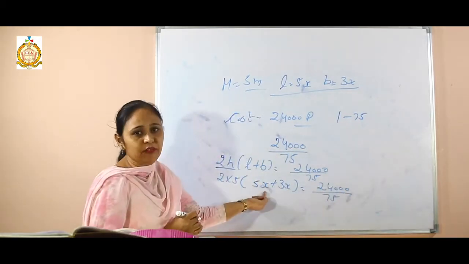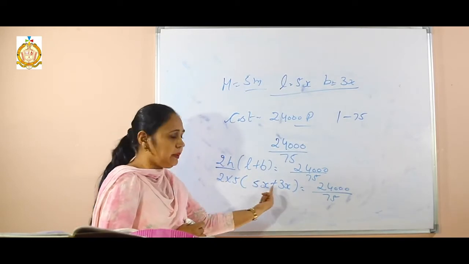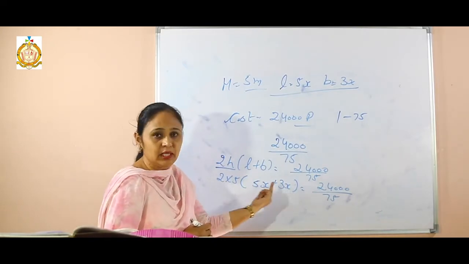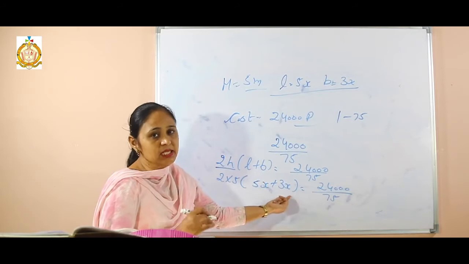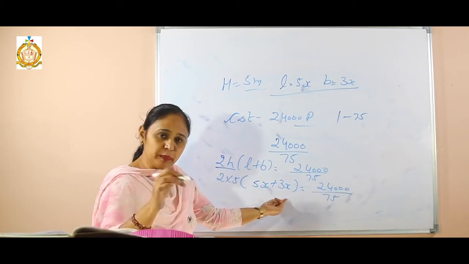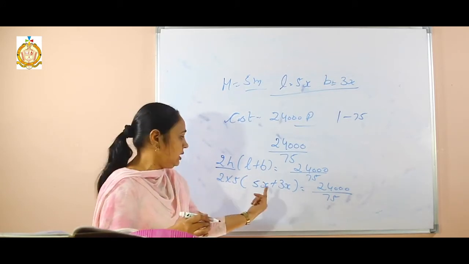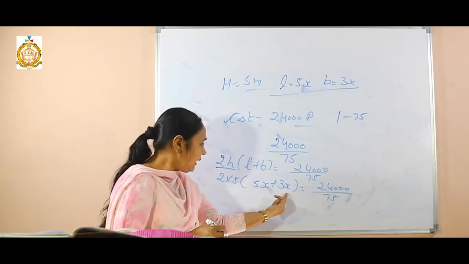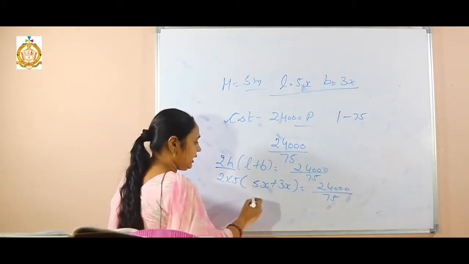Now I want to find the value of x. It becomes 10, it becomes 8x because I have to add. When we add the variables, we don't change the degree. When we multiply, then we have to increase the degree. It becomes 8x. 8x multiply 10 becomes 80x.